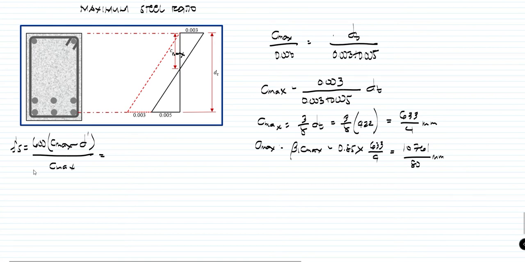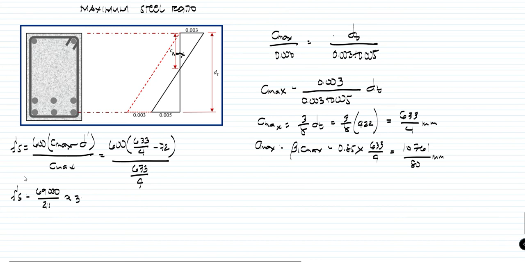So, that is 600 times 633 over 4 minus 72 divided by 633 over 4. Now, we could have an F'(S) equivalent to 69,000 over 211, which is approximately 327.0142, and that is lesser than our Fy. Therefore, we have to use F'(S).